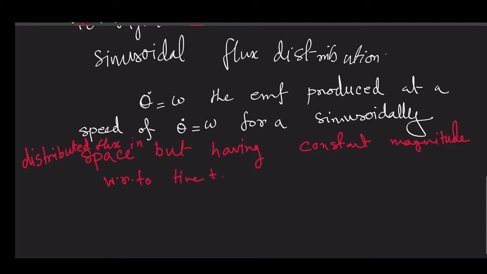So what does it indicate? That, like in a DC machine, your flux is sinusoidally distributed in space, but with respect to time your flux is constant, right?